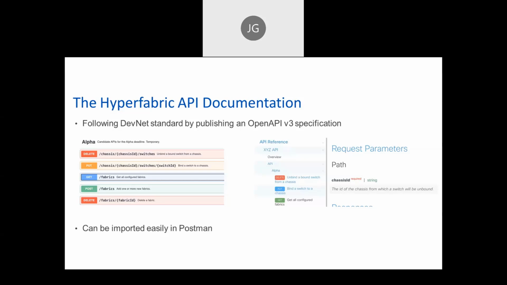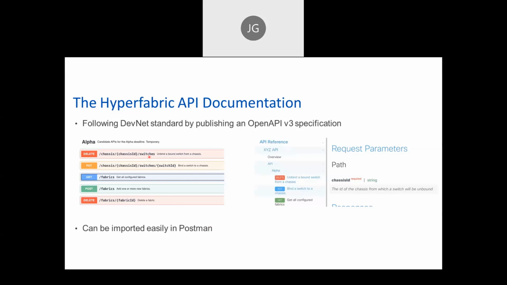And so the DevNet, really nice. We've got a sandbox, and we do support Postman. Postman is a free tool that you can download if you are on the DevOps side of the house. I've been using Postman for a long time. I absolutely love it. It's very simple to use.